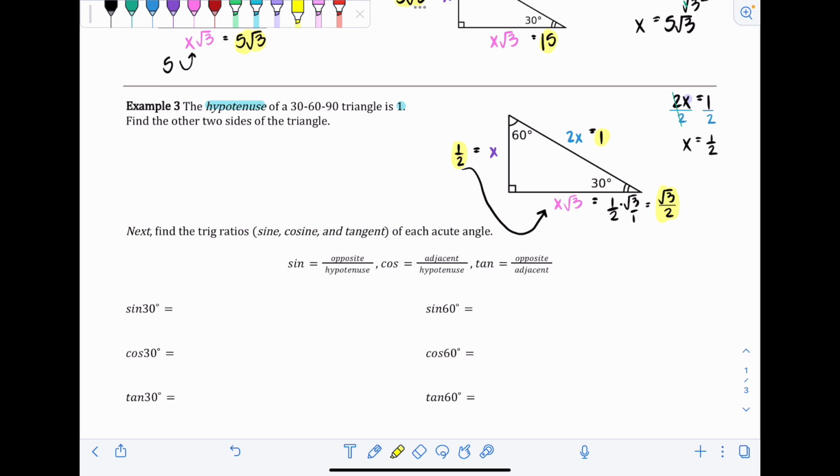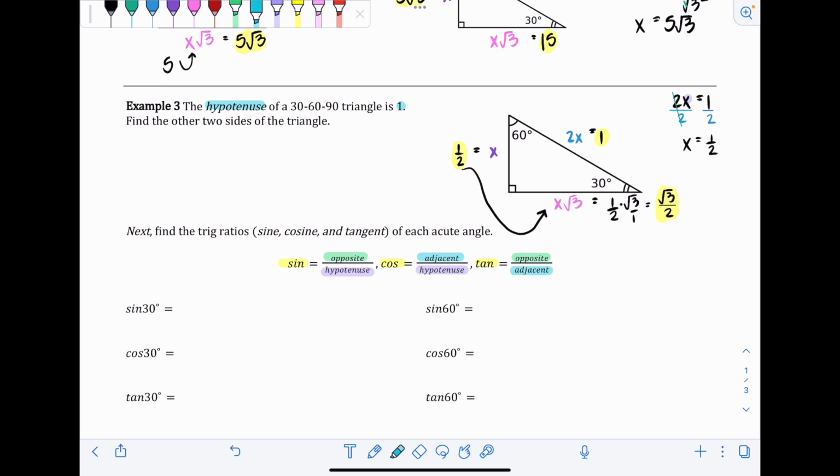So if we have sine, that means it's going to be the opposite leg, which we'll talk about in a sec, over the hypotenuse. Cosine is going to be the adjacent leg over the hypotenuse. And then tangent is going to be the opposite leg over the adjacent leg.